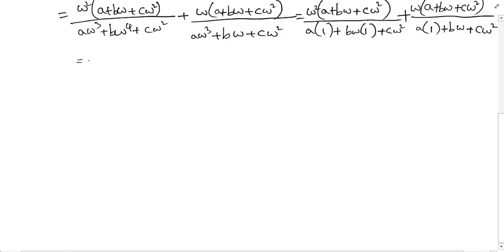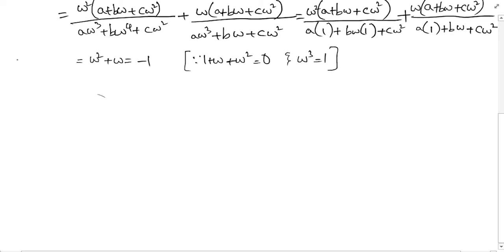So this will be equal to omega square plus omega, which is equal to minus 1, since 1 plus omega plus omega square is equal to 0 and omega cube is equal to 1.